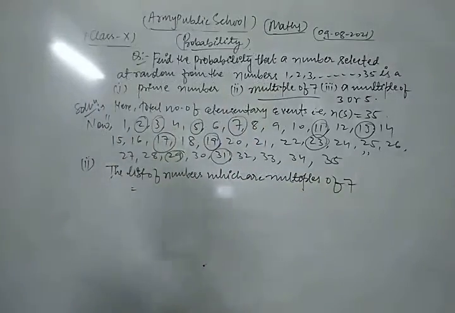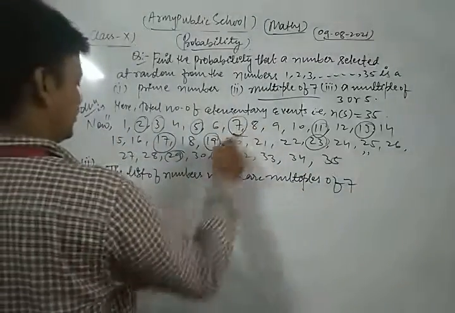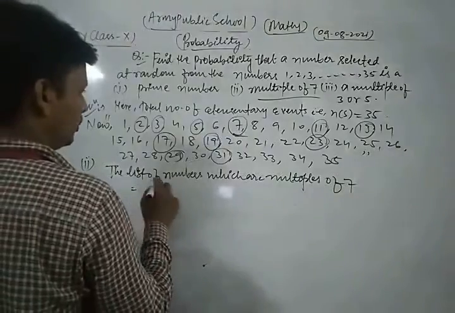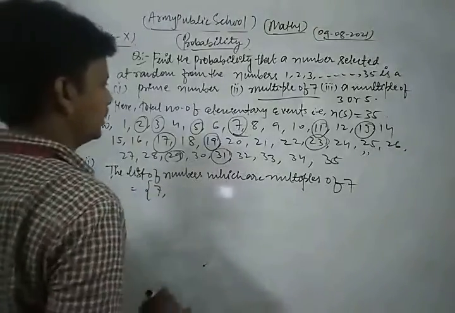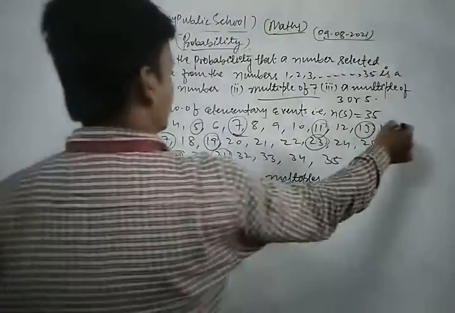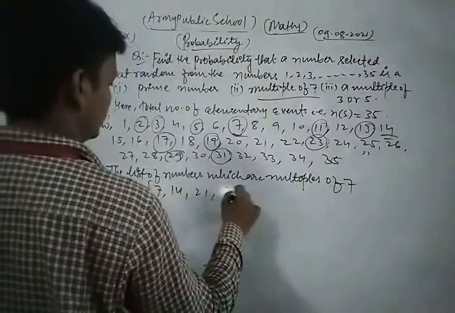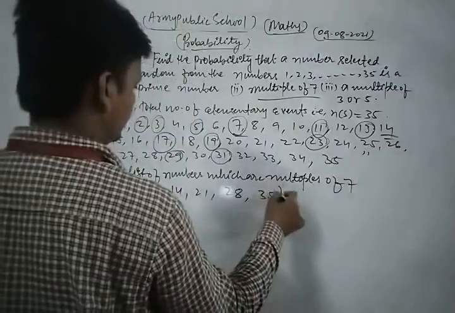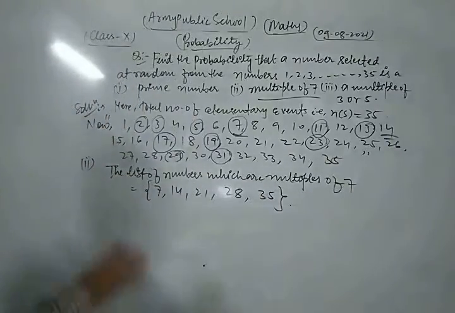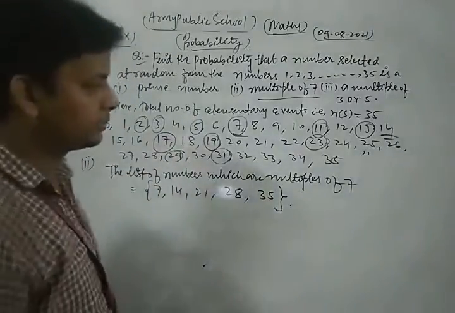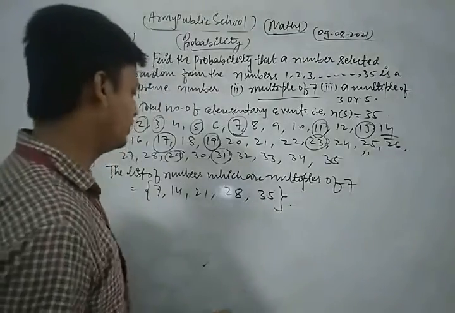Look, this is 7, 14, 21, 28 and 35. So these are the list of numbers which are multiples of 7.